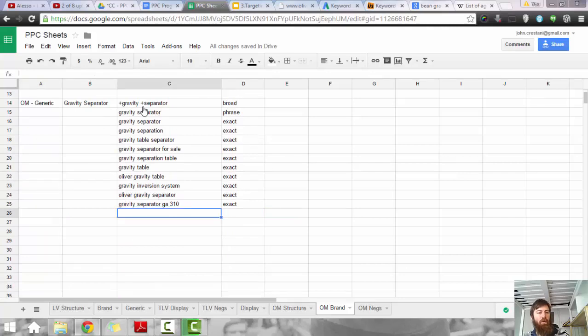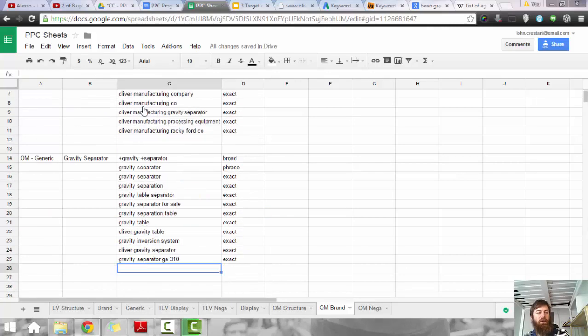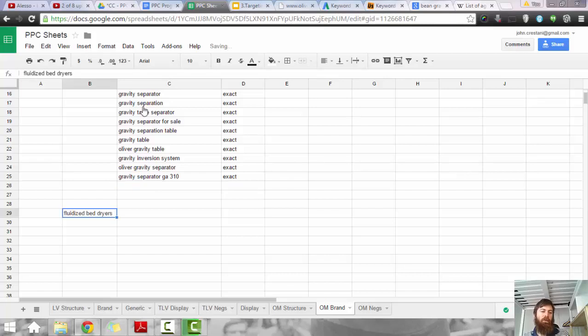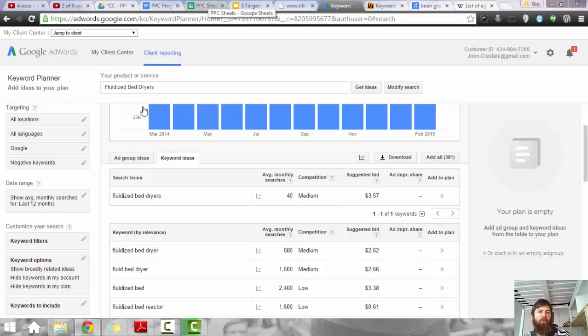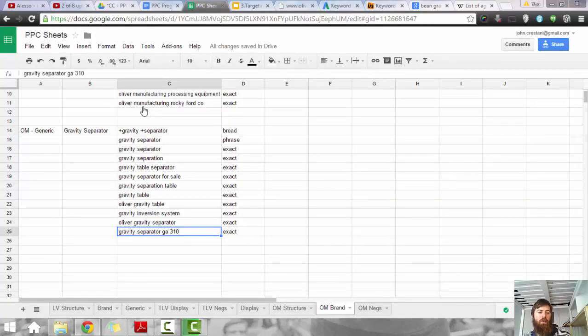So I don't know who the competitors are, but what I would do, if I had more time, is set up ad groups for fluidized bed dryers, color sorter, and the other keyword we had mentioned, destoner. I would also take some time to search for the exact brand name and the model numbers of their gravity separators, so that I could go after them. If this is a Cimbria GA310, maybe there are other models that people look at that are just insanely highly targeted that could help.